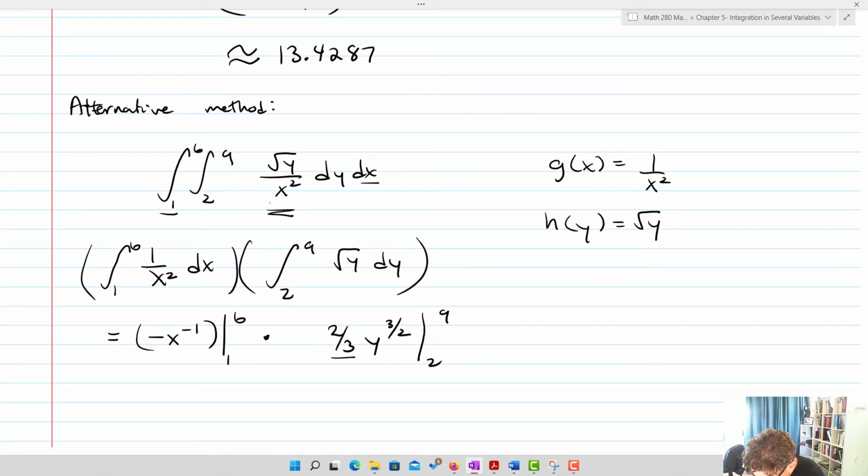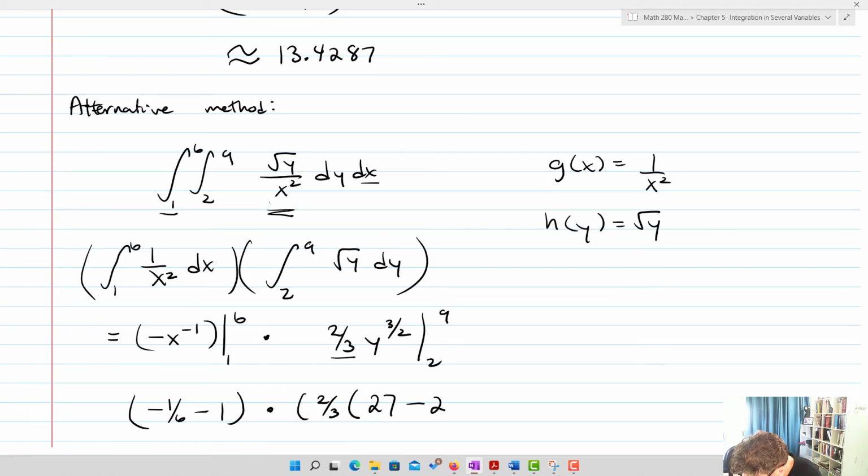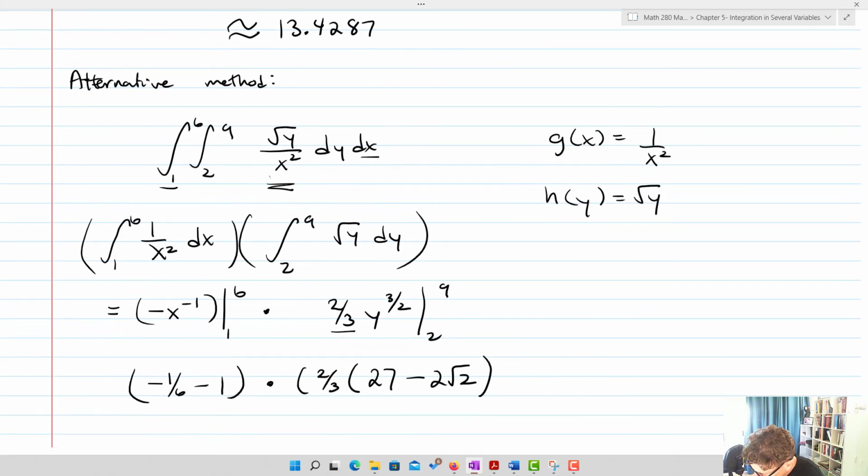Remember that this thing here is going to end up being negative 1/6 minus 1, and then we'll multiply that by 2/3 times 27 minus 2 root 2. That's going to be 2/3 times 5/6 times 27 minus 2 root 2. Put it back in your calculator. What do you get? You get 13.4287.